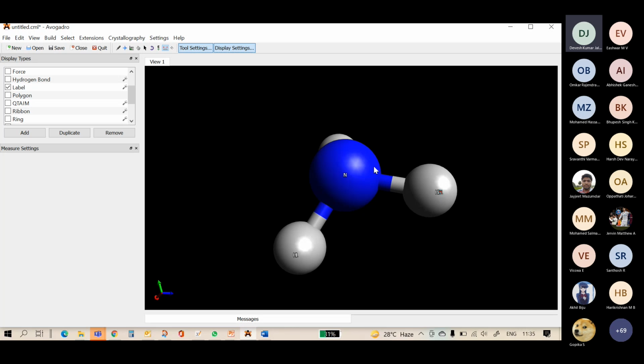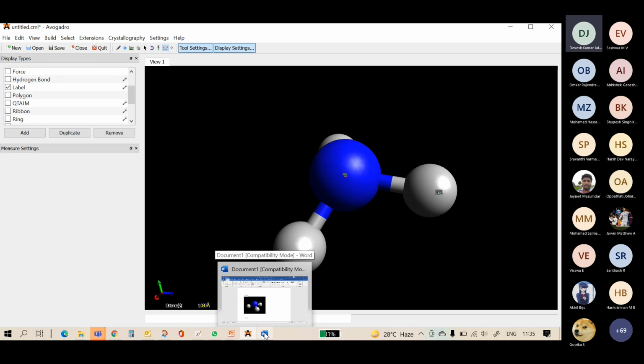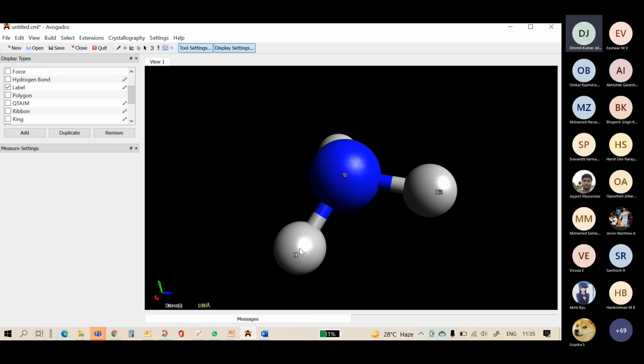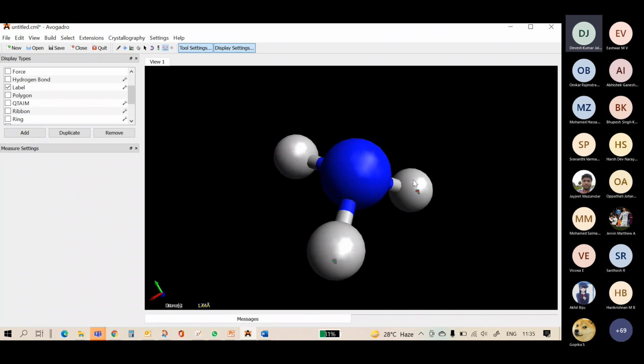I have selected hydrogen. Now I selected nitrogen. So hydrogen 1, nitrogen distance is given here. So you write that distance in angstroms and write also the angle. Okay, so H1 and H2 angle. What is the angle? You write it, and like that you give the other angles also.